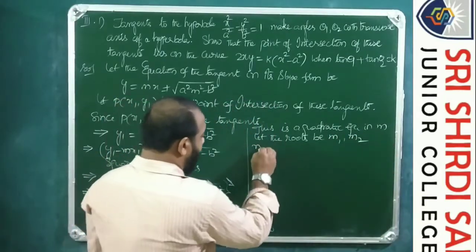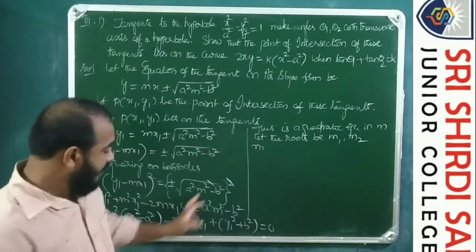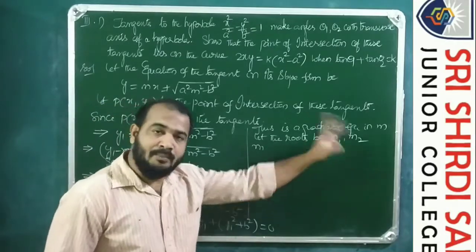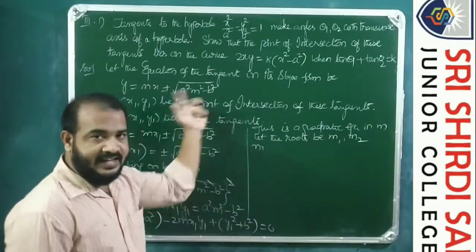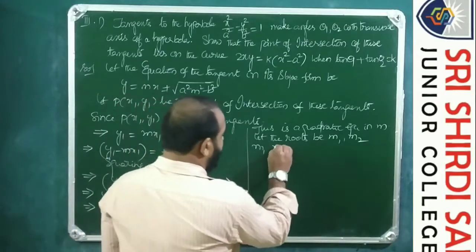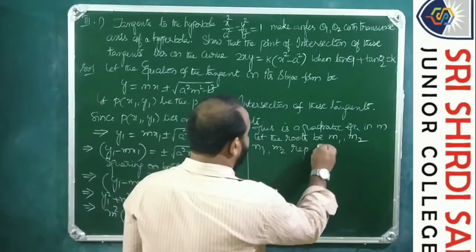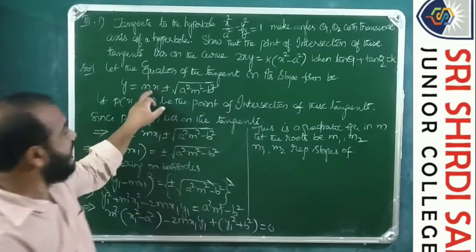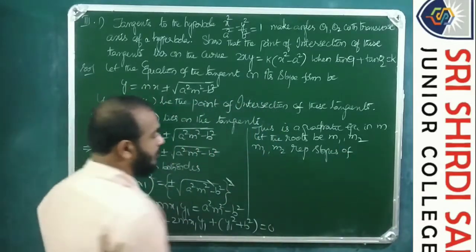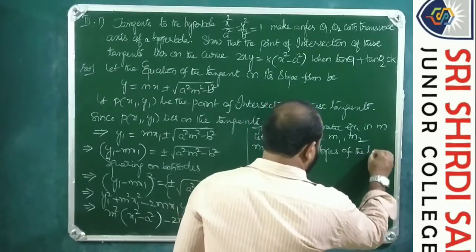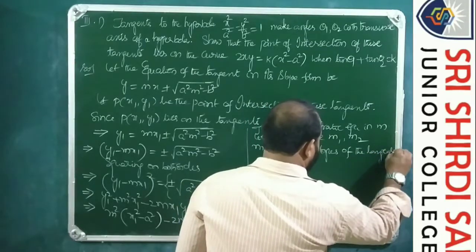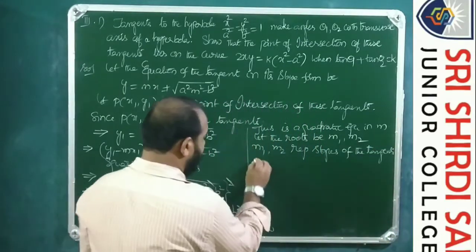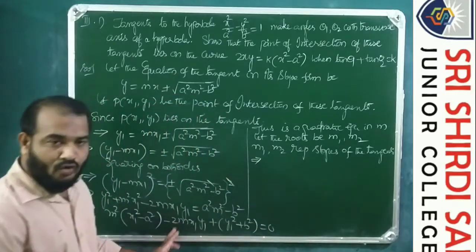Here m1, m2 represent the slopes of the tangents which we have taken before. So now the sum of the roots and the product of the roots.